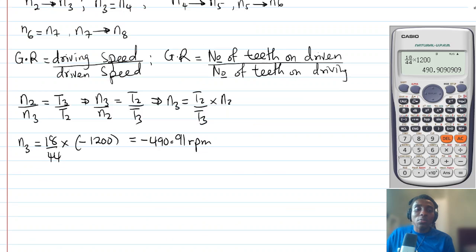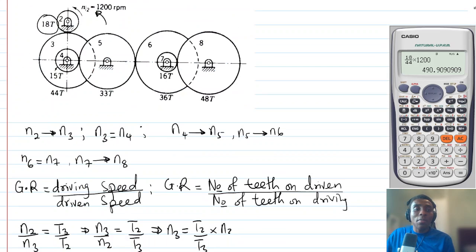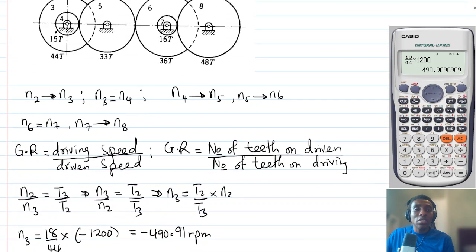We can say that N3 must be the same as N4, and that speed is 490.91 RPM, and the direction is counterclockwise because it's negative. So that is it. Now we have to look at the other directions.